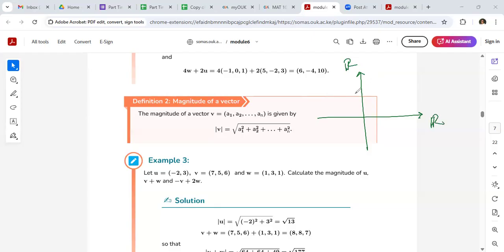And then you have this vector on R2, say this is x1. Let me use the A's. So you have A1, you have A2.